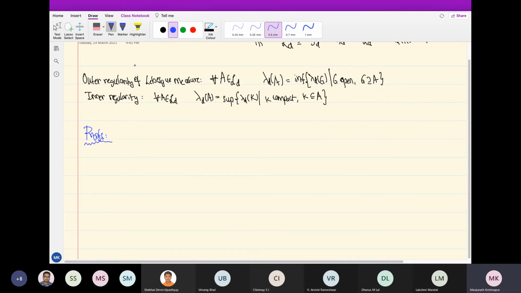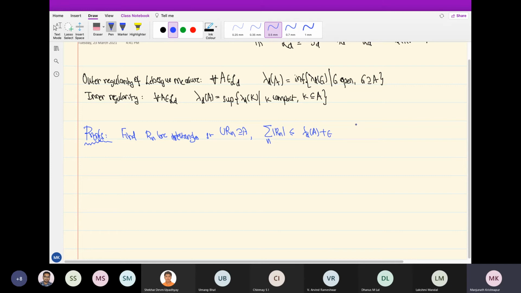How do we prove this? Well, first one is quite easy. So lambda of A. So find R_n, left open, right closed intervals, rectangles in R^d, such that their union covers A and the sum of their volumes is less than lambda d of A plus epsilon.